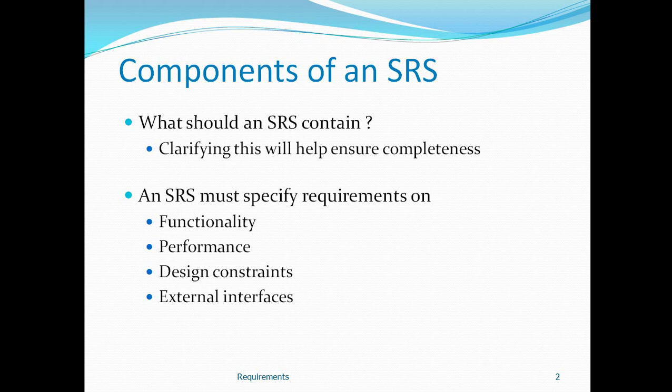There are four components that must be specified in the SRS: functionality, performance, design constraint and external interface. Then the SRS will be complete. It leads to improving the quality of an SRS.